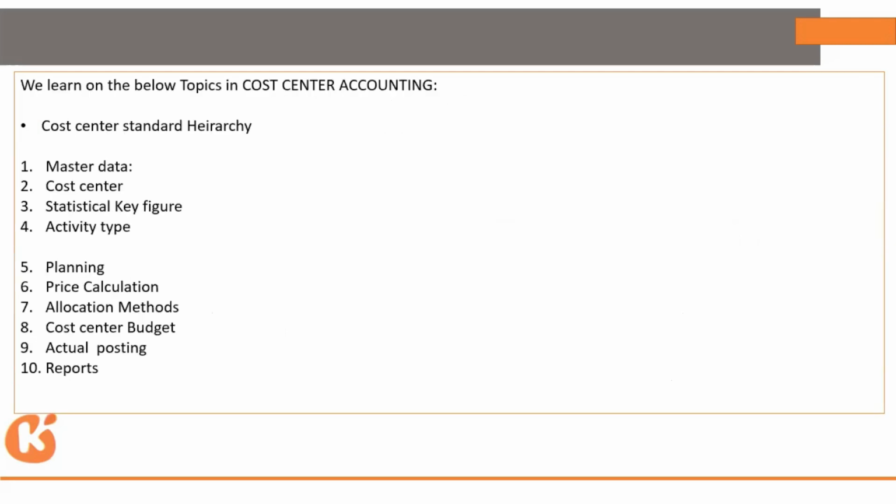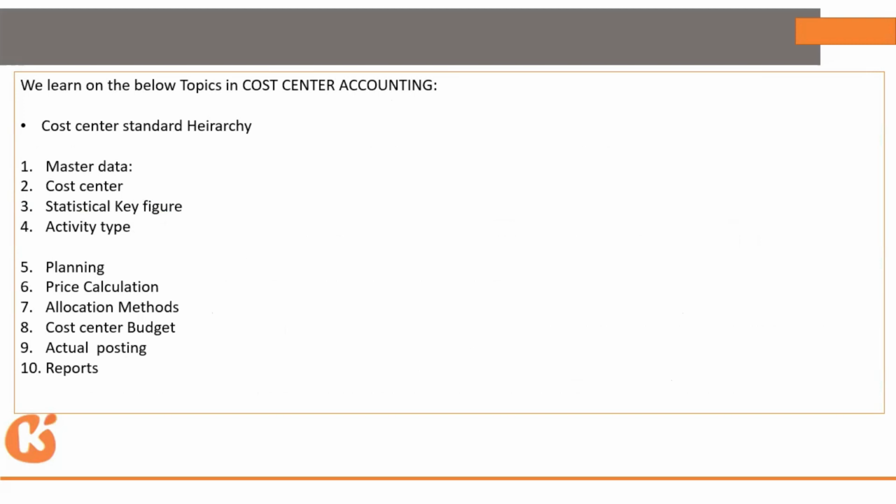Next we'll learn about how to calculate these overheads using the activity types and statistical key figures. But before that, we have to create a cost center standard hierarchy, which is equally important because we need to have cost centers for every specific unit within the organization.